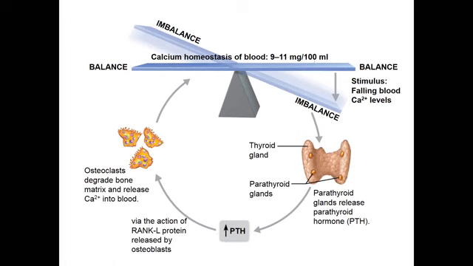Why is it so important that we keep the calcium levels in this range? Well, the calcium ions play a vital role in passing on signals from the nerve to the muscle cells, and we will see that in week 9 when we talk about how the muscles work. So it's crucial to have stable calcium levels in the blood.